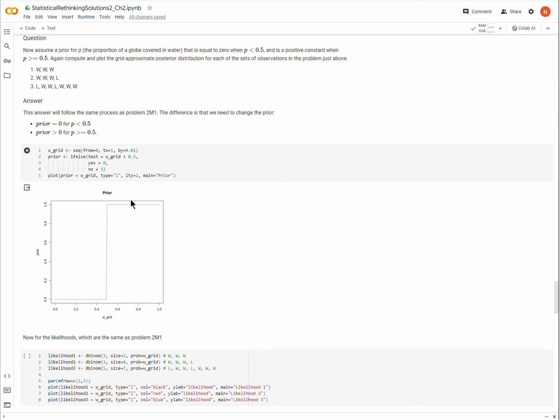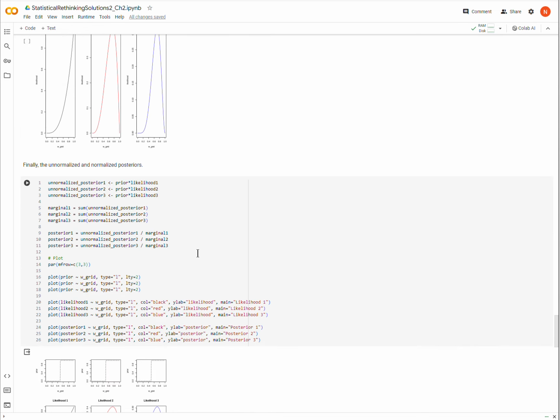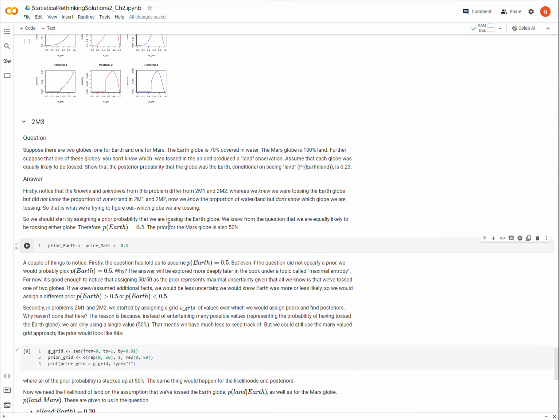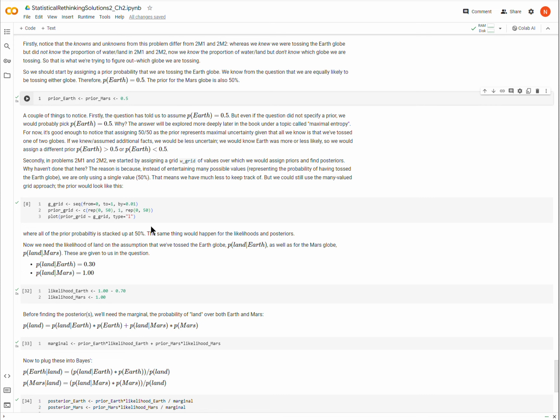But now we're not going to do this because we're not considering a prior probability for all values of W grid, right? We have one value representing our prior probability, which is 50%. So we don't need to concern ourselves with the rest of the possible prior values.